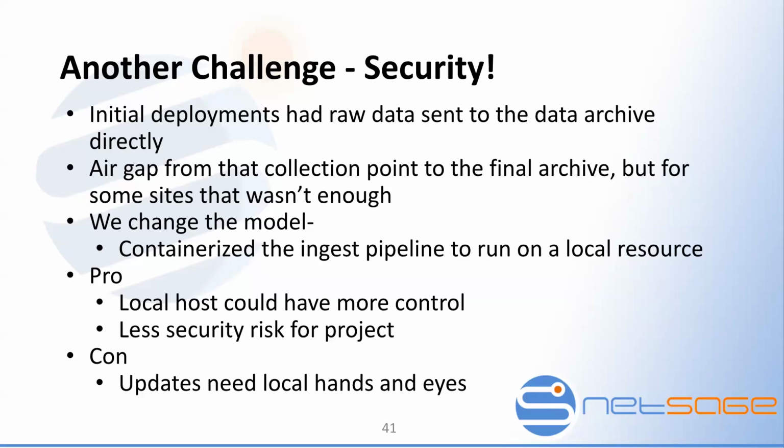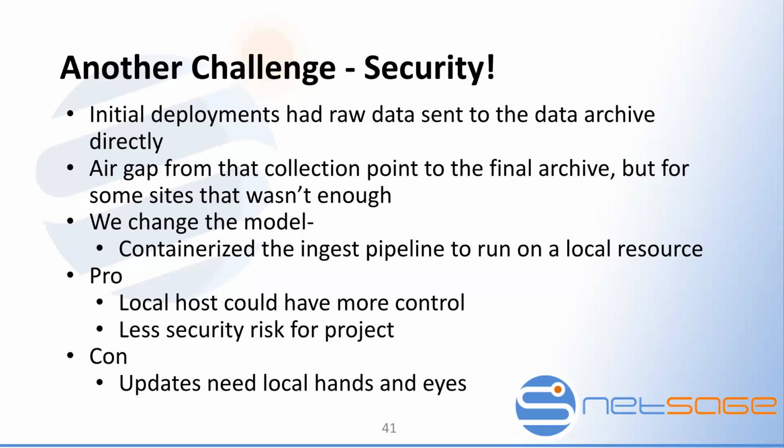We could do that. And we knew this was possible to do for like 1.5 years, but it was pretty far down in our stack because it's like, oh, this is going to be a lot of work. The con is anytime we update that, we're going to have somebody locally do the updates. That's a big hassle. It means we're going to have to be way more careful about how that gets deployed and the documentation around the ingest pipeline, which up to that point was kind of a little loose and easy because it was only deployed internally.